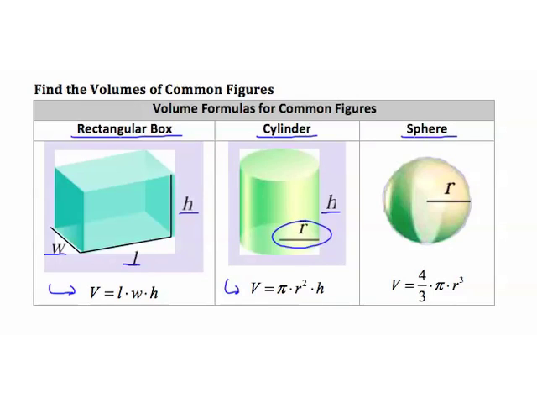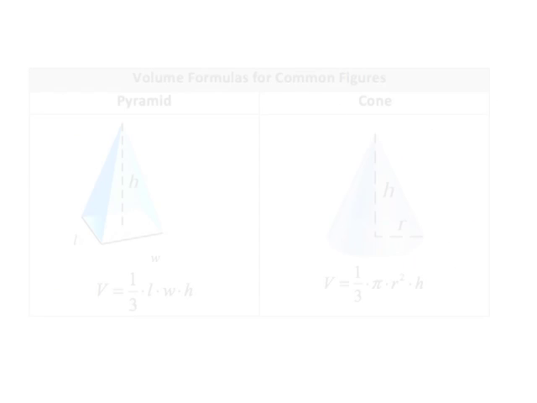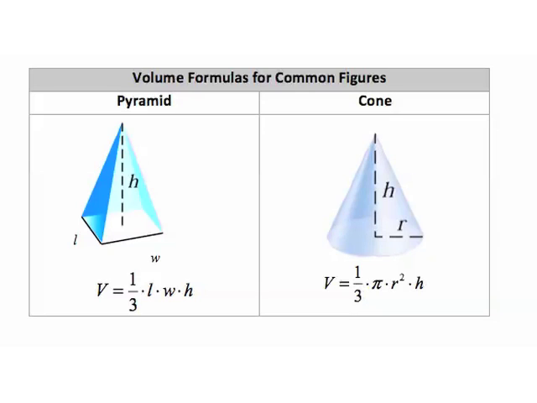The next figure is a sphere. To find the volume of a sphere, we take 4/3 times pi times the radius cubed, and the radius is just the radius of the sphere here. So here we have some other formulas for finding the volume of some common figures. If we're taking a look at a pyramid, here's the formula that we use for finding the volume of a pyramid.